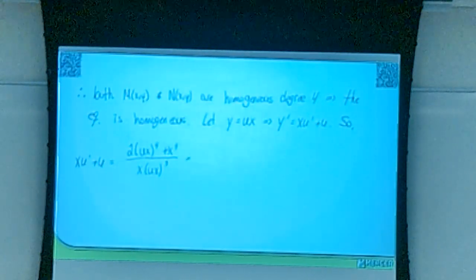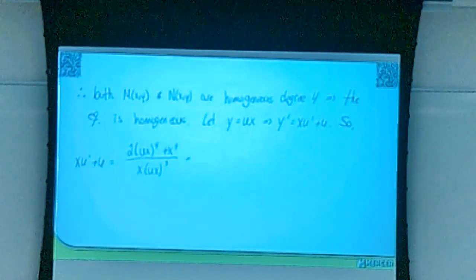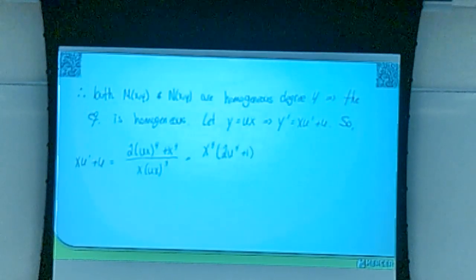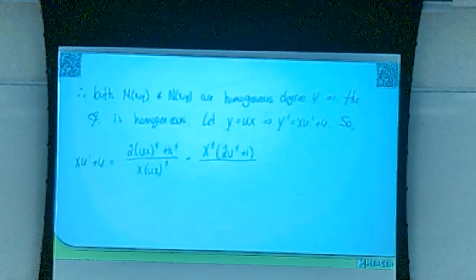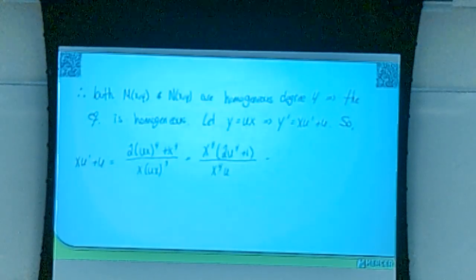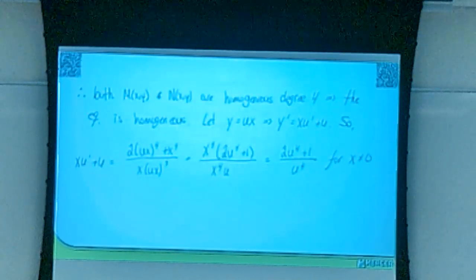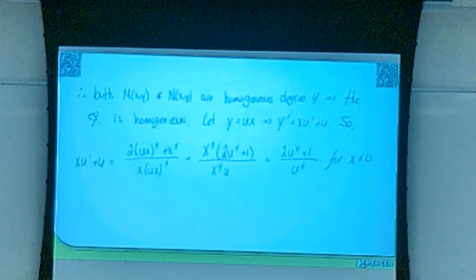Simplify that. x to the fourth comes out, right? Two u to the fourth plus 1 over u cubed, for x not equal to 0. Sorry, not u to the fourth, it should be u cubed, right?